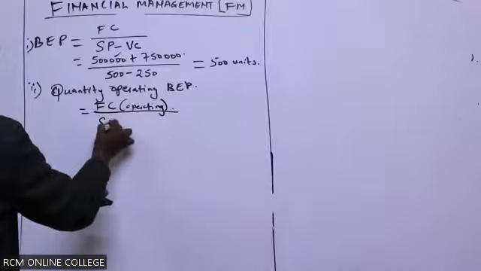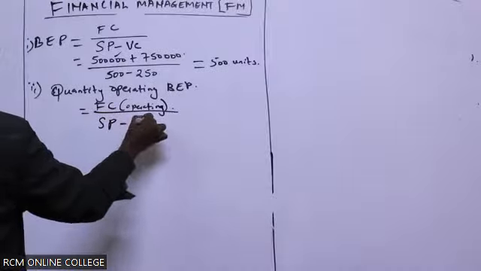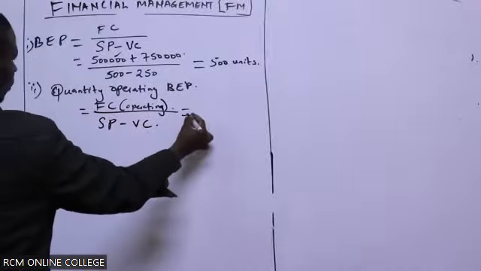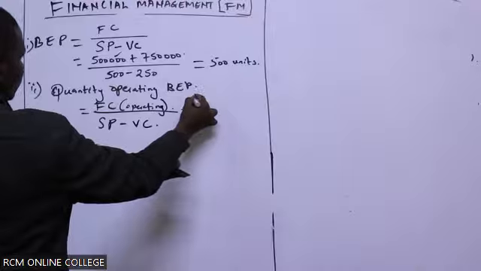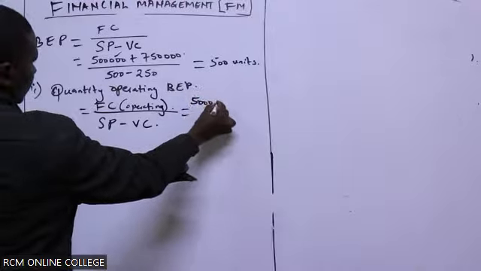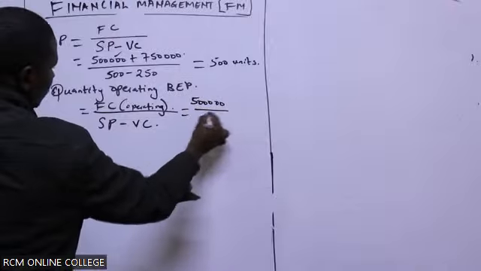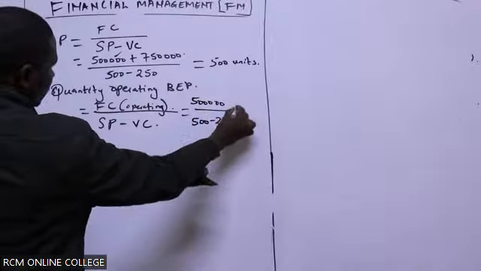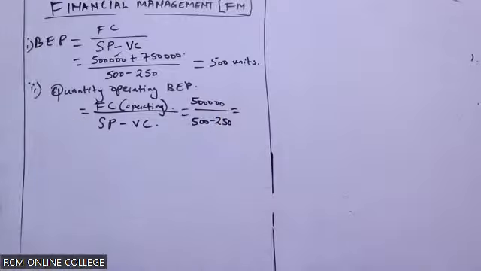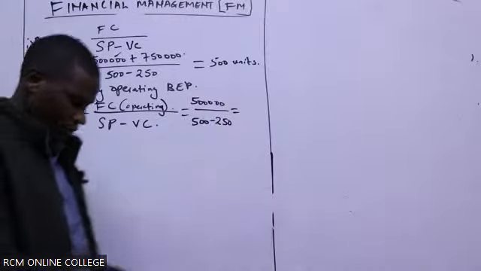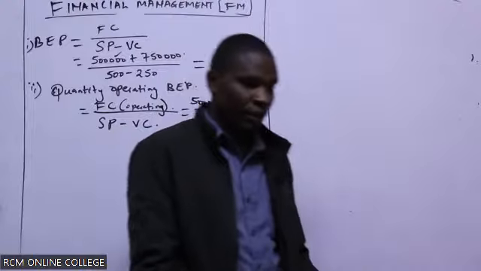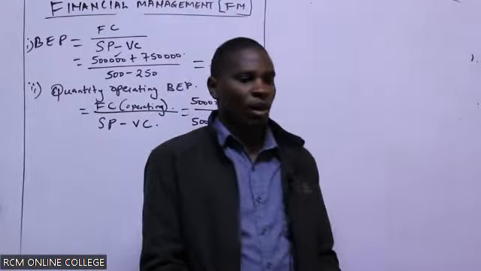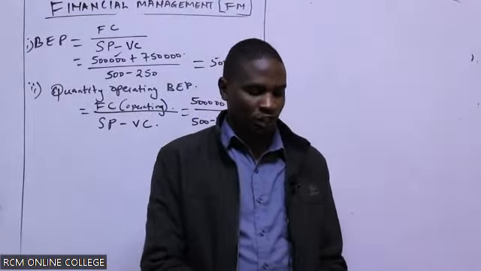The selling price minus variable cost, which will be equal to what? Fixed cost ya operating ni 500,000 divided by 500 minus 250. Pata ngapi hiyo? Bizane na hiyo ili tuende kwa sasa our major focus here.